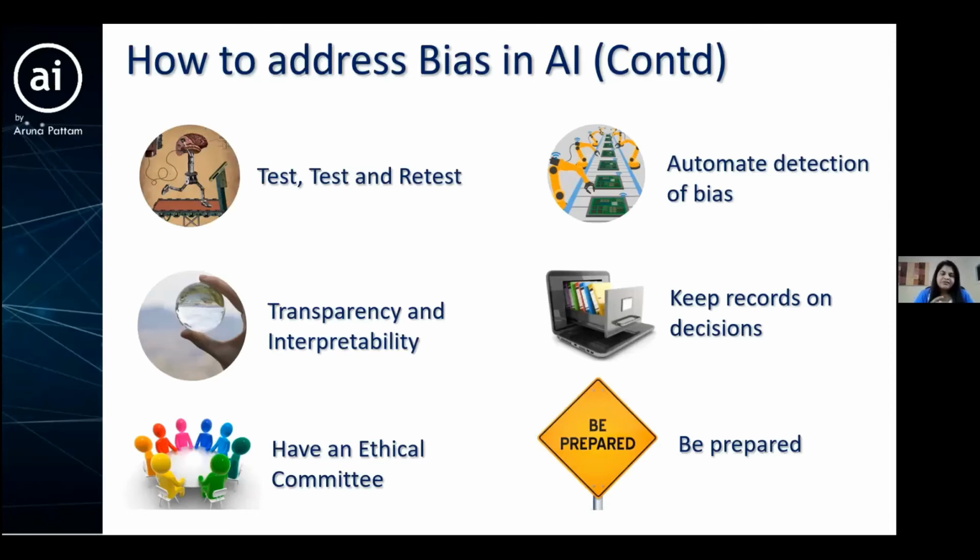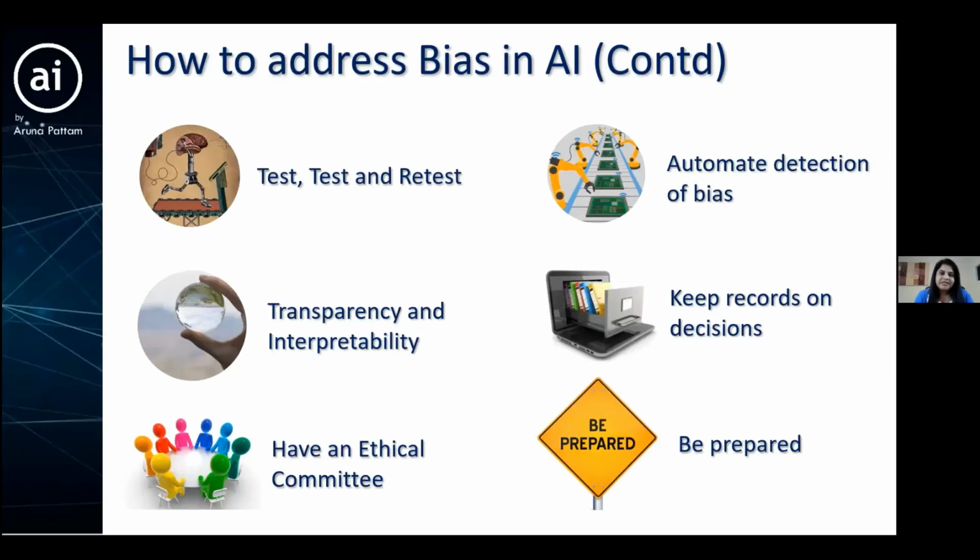Often the algorithms are black boxes, which means there are sophisticated algorithms that run behind the scenes, which actually make a decision. So you need to have some explainable AI concepts to be able to explain why a decision was made. If you are rejecting a loan for a particular individual based on an AI algorithm, you need to be able to provide the reasons for that conclusion.